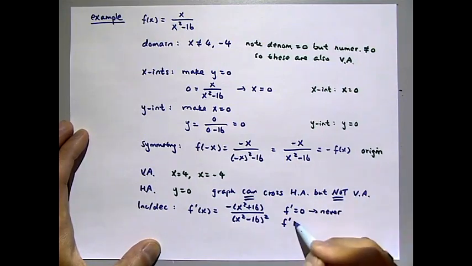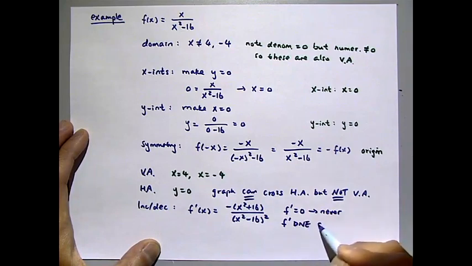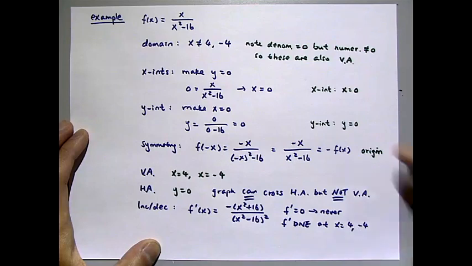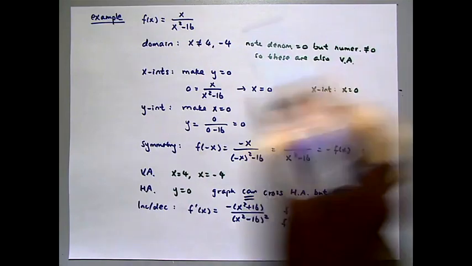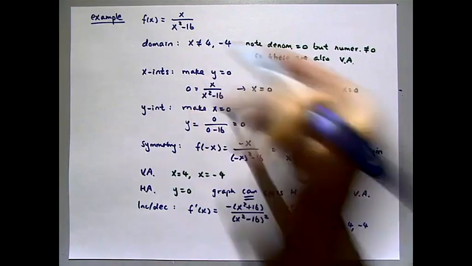However, we know f prime does not exist at plus or minus 4. We also know that these cannot be locations of max and min because they are the asymptotes. Even though ordinarily they have a chance to be max or min, here they cannot. The graph doesn't even exist at those places.